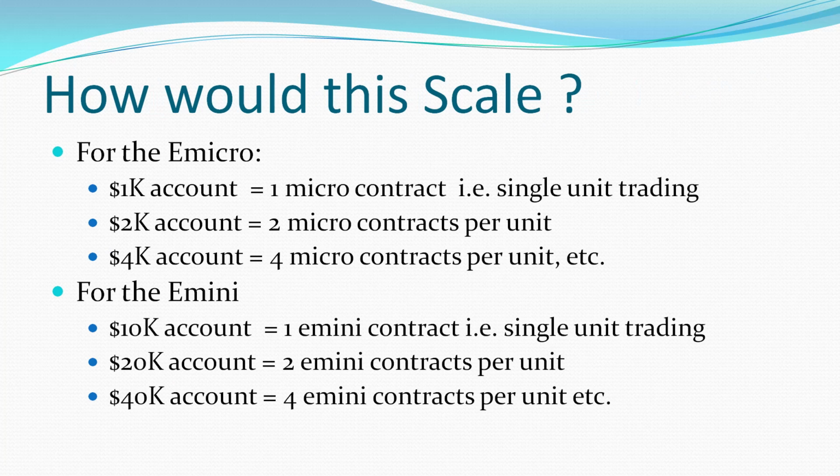You could do odd numbers as well, like for a $3,000 account you could trade 3 micros. You just have to make a decision on your exit points, and we'll get into that a little bit later.